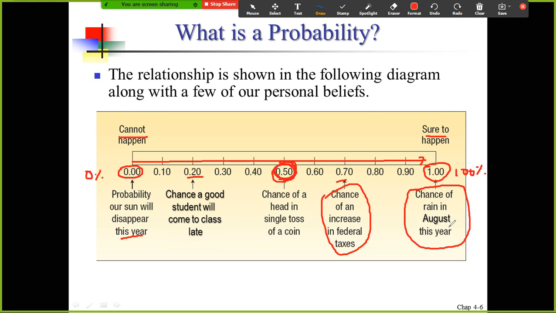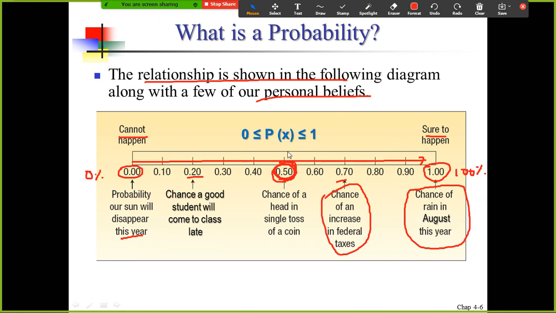That's why rain must come in August this year. Any day in August that rain comes, yes. So this is a relationship with our beliefs. Sometimes you can study this diagram for other problems, not only beliefs.